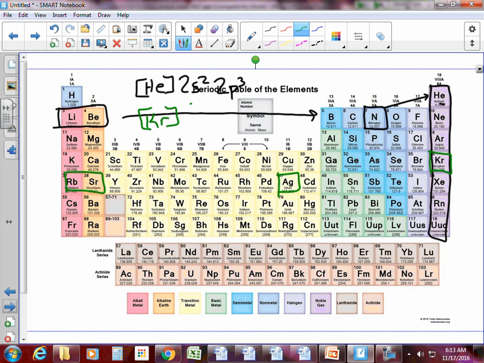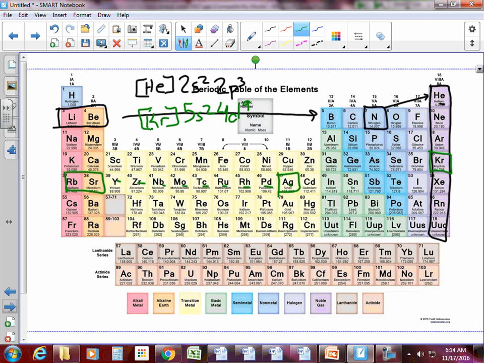So 5s2. And then for silver, it's 4d, and it's 1, 2, 3, 4, 5, 6, 7, 8, 9 over. So 4d9. The krypton, you have to put in square brackets because this represents all of that full electron configuration in front of it. You have completely full s and p orbitals, which is key.